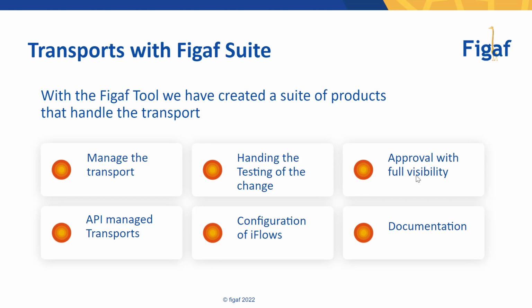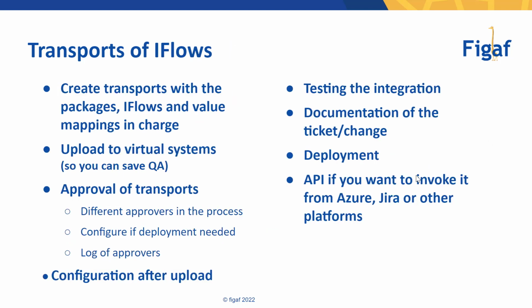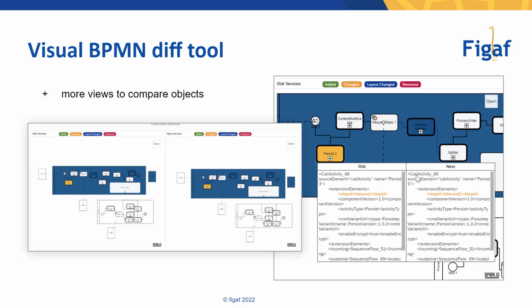We have APIs that enable you to invoke the transport, so if you have other tools like Jira or ServiceNow, they can trigger the Figaf tool to do certain actions. And then we can configure iFlows and create all the documentation that we need for it. Let's see how many of these things I remember once we're going through the demo. If there are things that you're missing, do ask. I think that covers all.